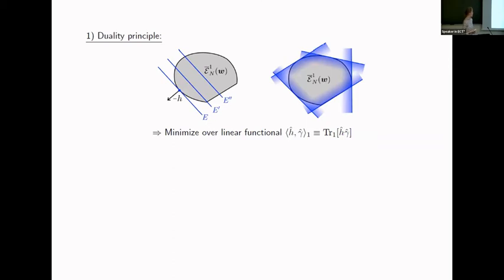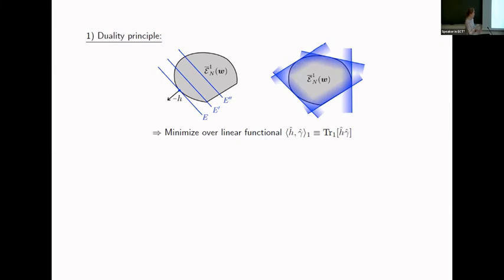The first one is a duality principle for compact convex sets. This basically means that I can either characterize my set through all the points in the set, so basically through the indicator function, or I can use the intersection of all supporting hyperplanes, which would lead to the support function. Now what does this mean in our more physical terms?